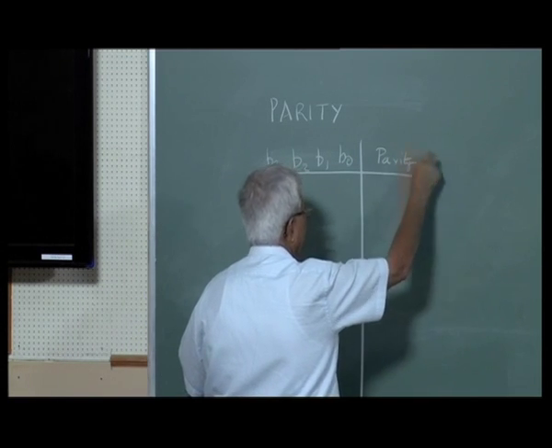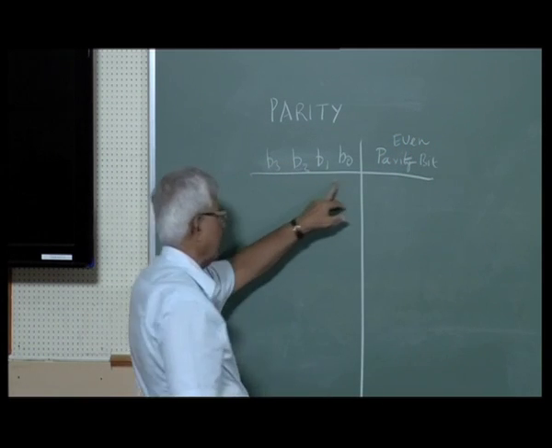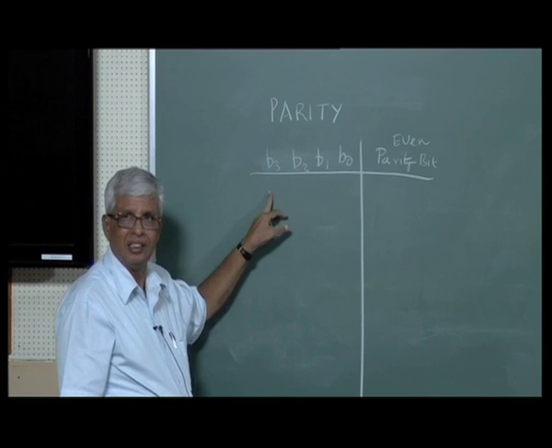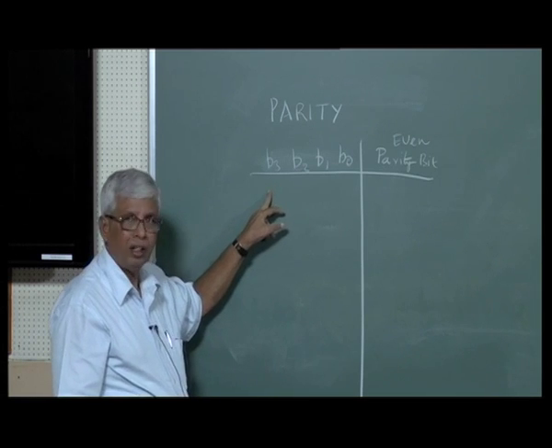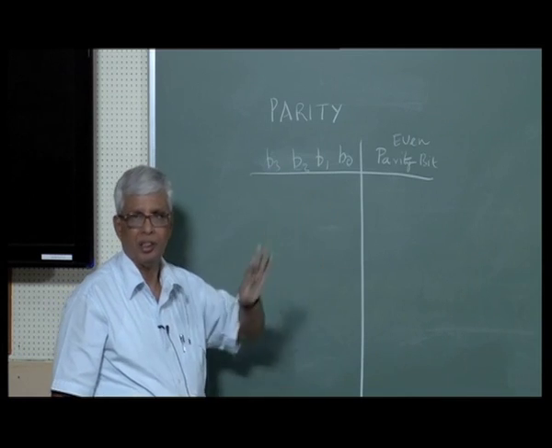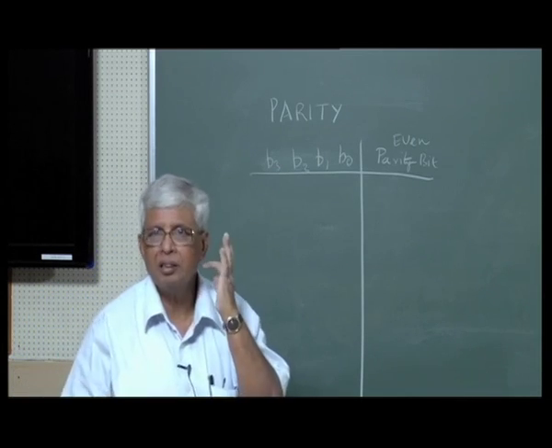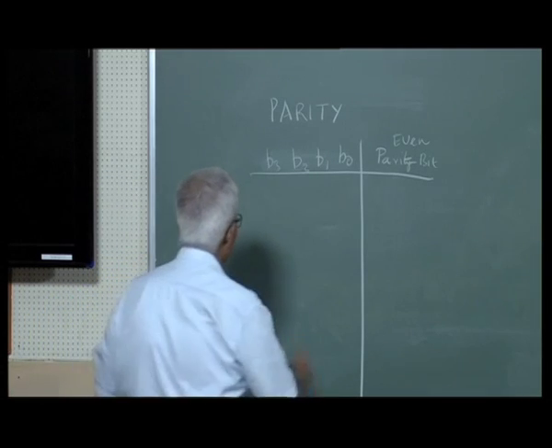Even parity bit. That means when I count the number of ones in these 4 bits, if it is odd, I put a 1 here, if it is even, I put a 0 here. That is all, as simple as that. There are 16 combinations, 0, 0, 0, 0.